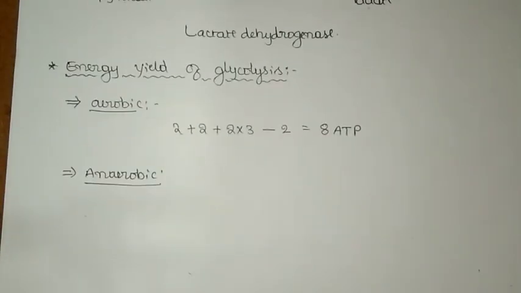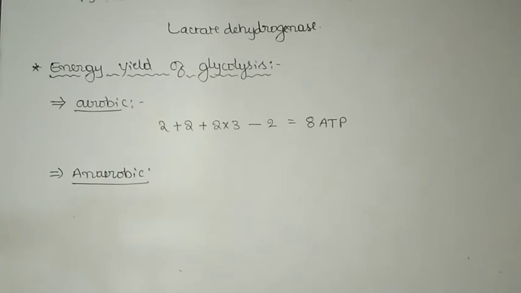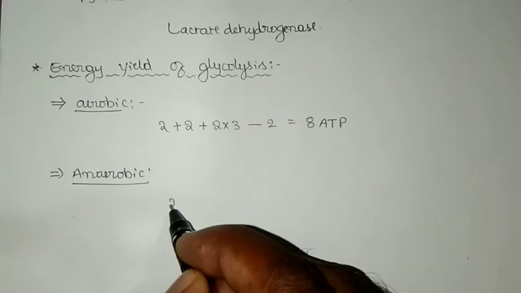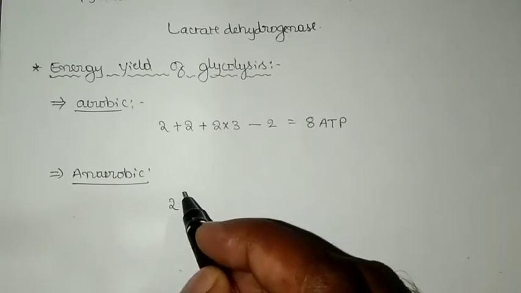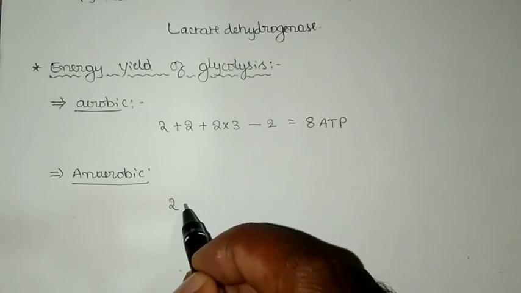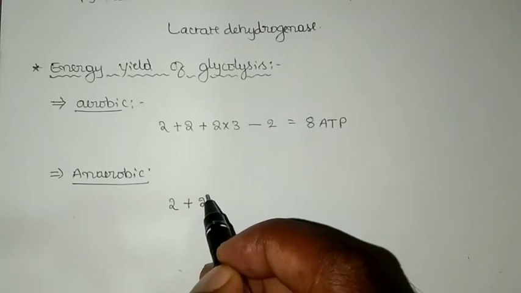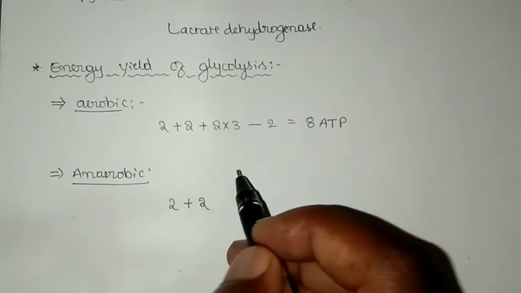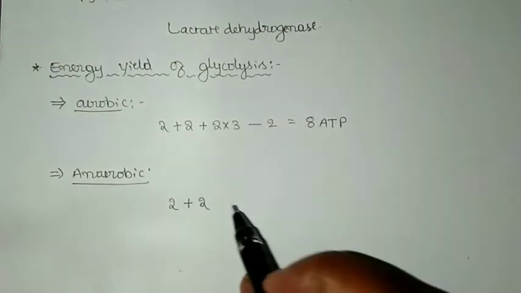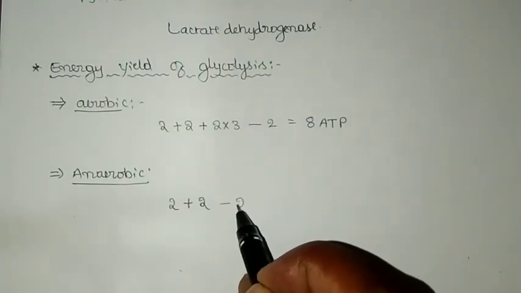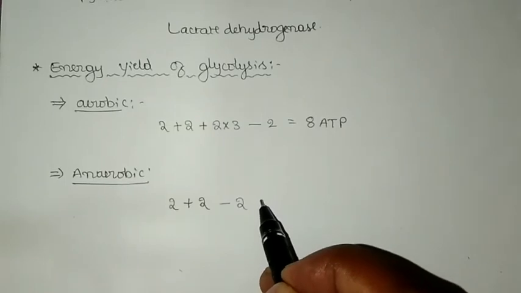So as a whole, the number of ATP molecules that could be produced in anaerobic condition will be 2 ATP molecules in converting 1,3 diphosphoglycerate into 3-phosphoglycerate plus 2 ATP molecules in converting phosphoenol pyruvate into pyruvate, and in the first and third reactions there occurs utilization of 2 ATP molecules.